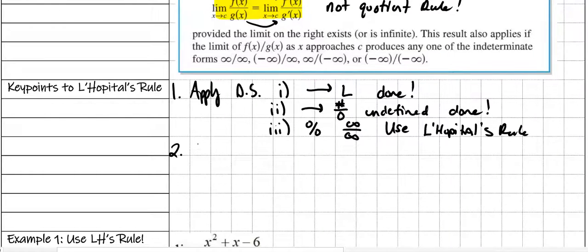Taking the derivative at the top and the bottom will give you a new limit expression: the limit as x approaches c of the derivative of f, which is f prime, over the derivative of g, which is g prime, in a fraction form. Now, that is the second step of L'Hopital's rule.